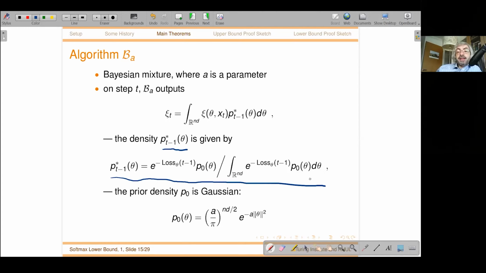So it's a density over parameters, and we start from the prior density, which is Gaussian, and A here is a parameter which we are free to choose. Well, I should say that it's positive. And then the prediction that we output is the competitor's prediction averaged over this density.